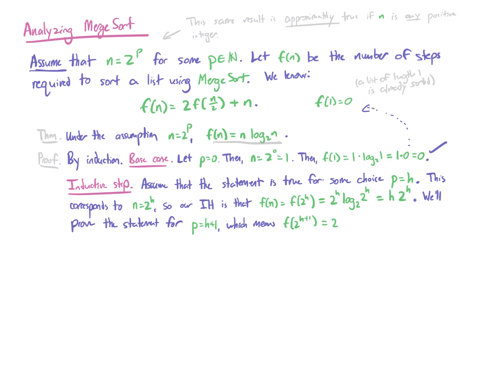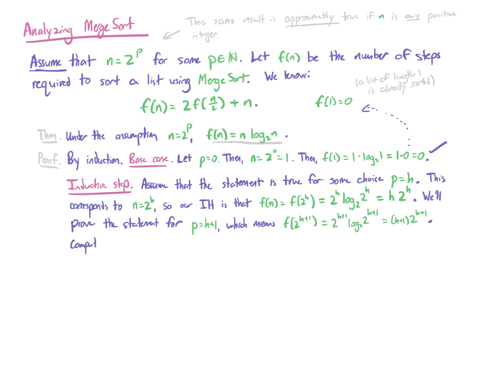And so I'm going to get 2 to the power h plus 1 times log base 2 of 2 to the power h plus 1, which is equal to h plus 1 times 2 to the power h plus 1. So this is what I want to prove. I haven't done it yet, but I'm about to do it using some algebra.